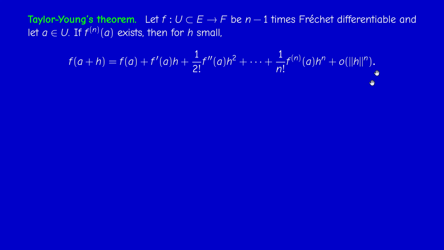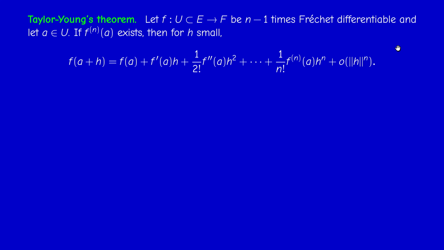So here's the result. f can be written as an n-order polynomial in h plus a remainder which is small o of the norm of h to the power n. Now, I cannot write h to the n because h^n was used to denote a vector. So it's better to be precise.